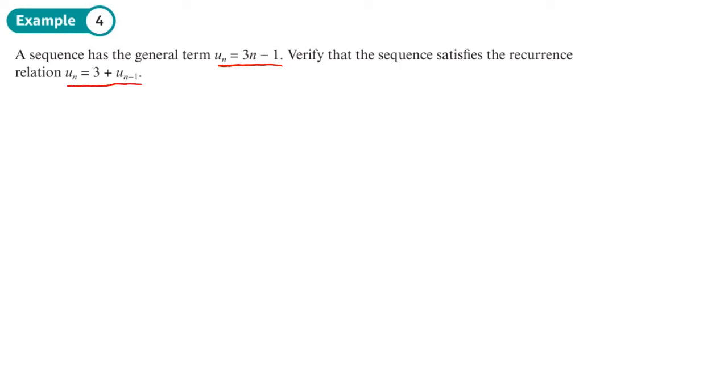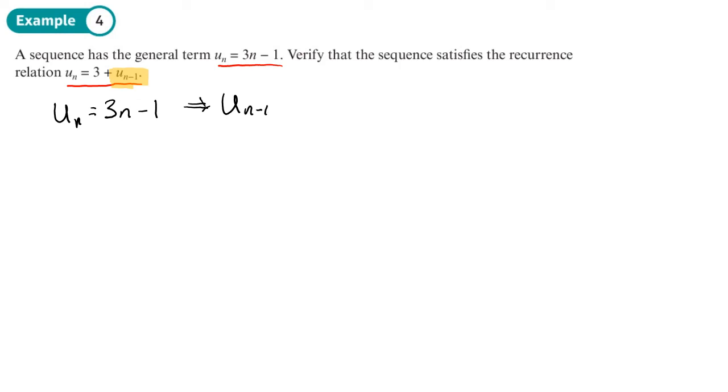Now the way that we do that, as we said at the start, is by substitution. We need to substitute this into here. And if I have a look, what can I substitute? Well, here it's u_{n-1}. So I need to take this u_n equals 3n minus 1, and I need to write it as u_{n-1}.